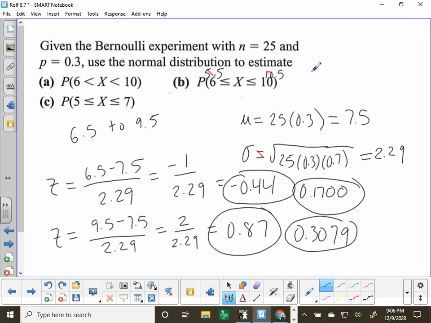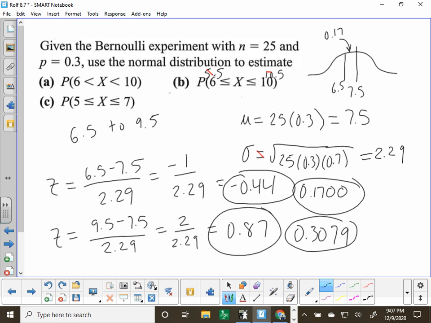Now, here's what's going on. You've got your bell-shaped curve here. Your expected value in the middle is 7.5, right? And then I just figured out this area here up to 6.5, and that's the 0.17, because that's your below.